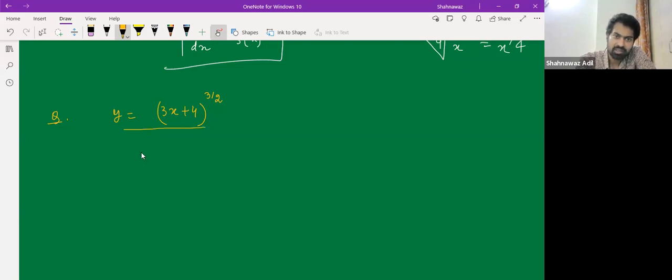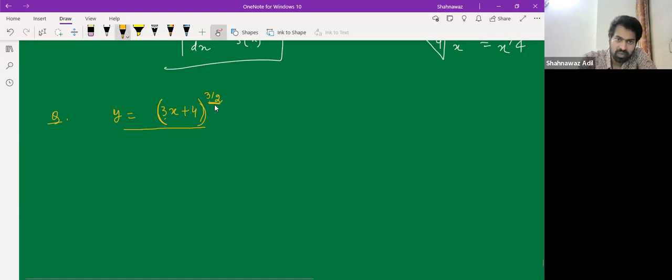The 3 by 2 is not cubic; the cube root power is 1 by 3. So this is a fractional power, 3 by 2.